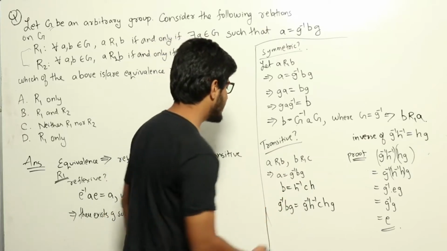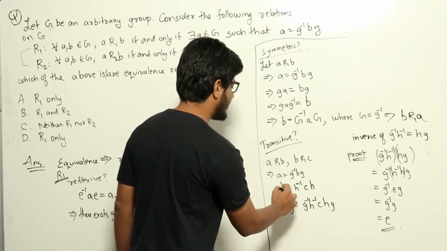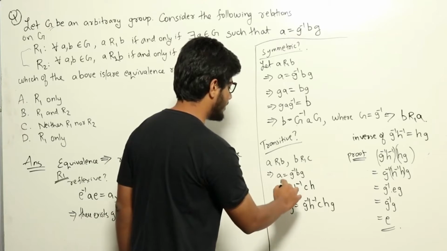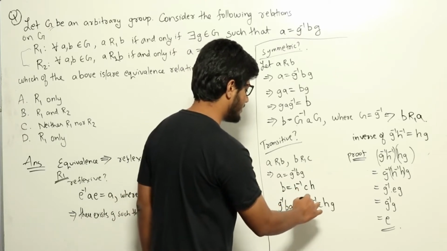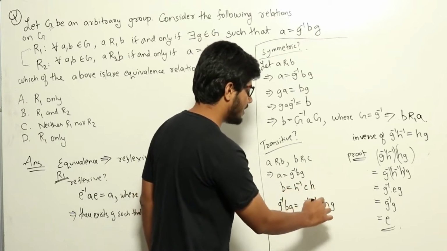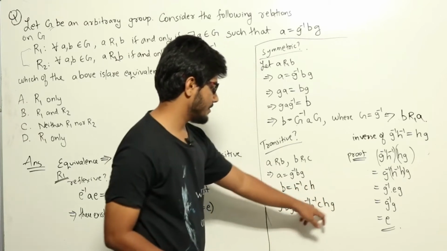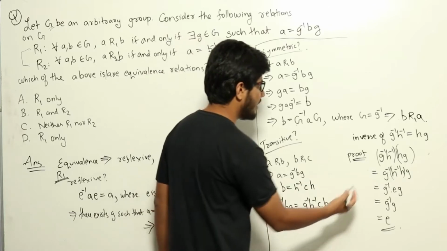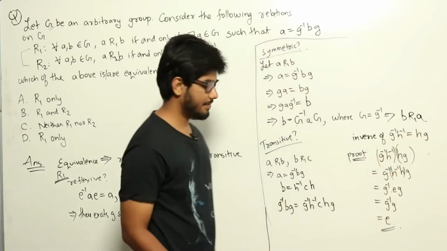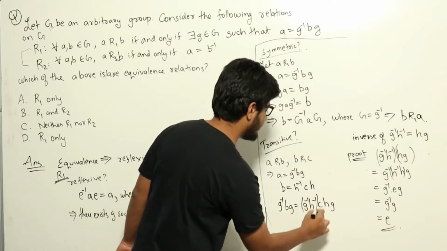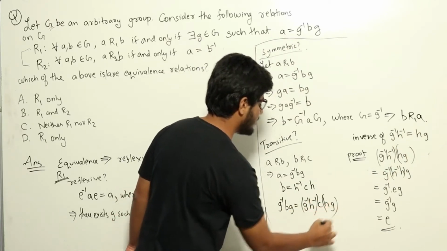So this I will rewrite as, on B's left hand side and right hand side I am multiplying with g inverse and g. So g inverse into B into g will be equal to g inverse into h inverse into C into h into g. Now the inverse of g inverse into h inverse will be equal to h g.